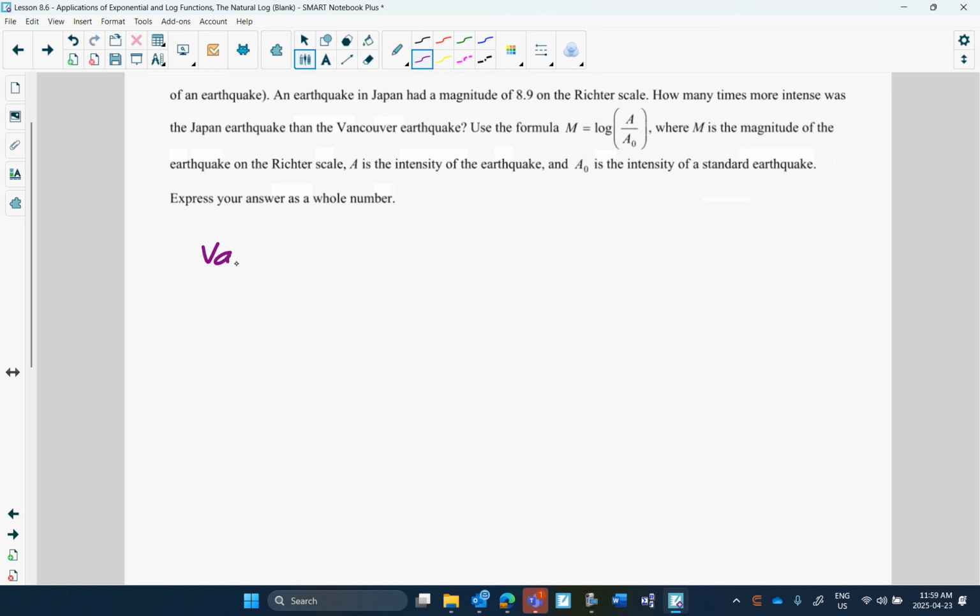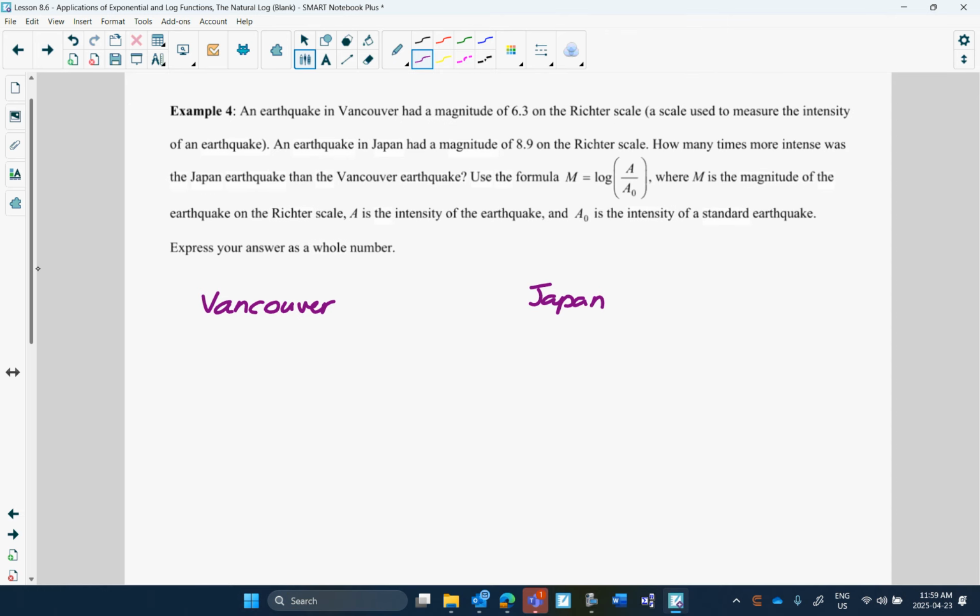So Vancouver. We are told for the Vancouver earthquake, it has a magnitude of 6.3, and that's going to be the log of whatever the intensity of the Vancouver earthquake was, divided by the intensity of a standard earthquake.